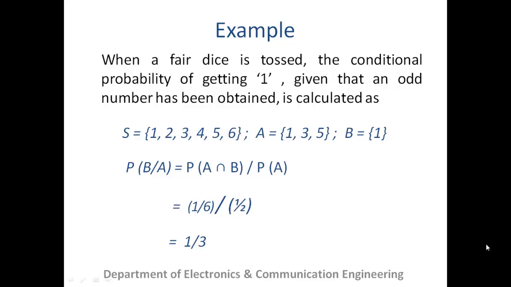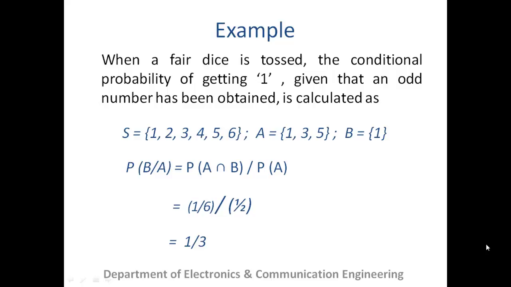Then we ask: what is the probability of occurrence of 1 if A has already occurred? A has already occurred means we have either of the values 1, 3 or 5, so some odd number has already appeared. Now what is the probability of occurrence of B?